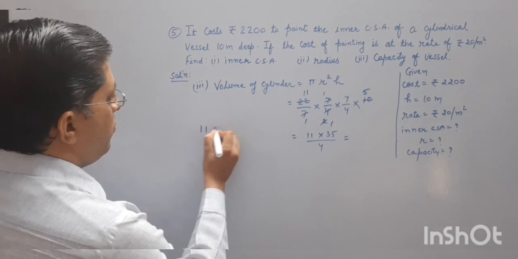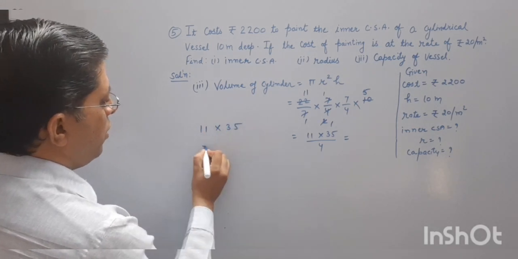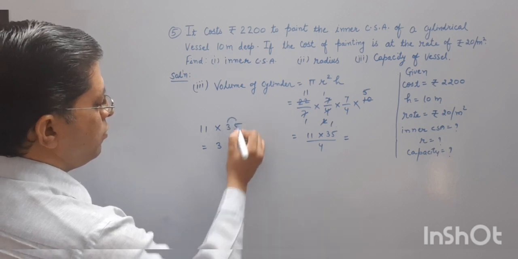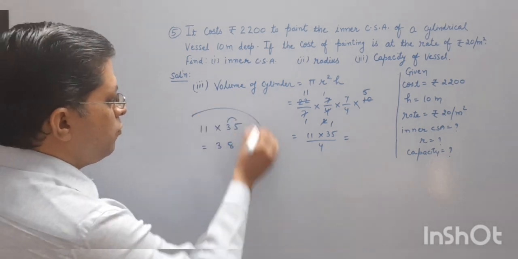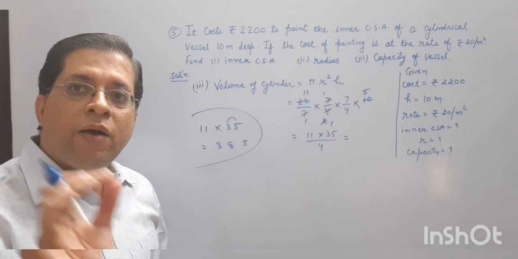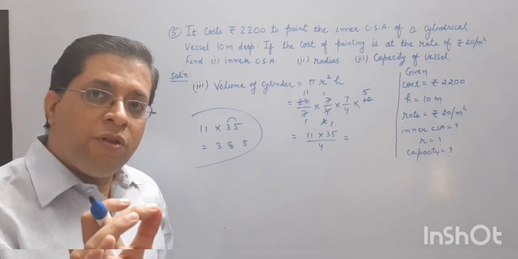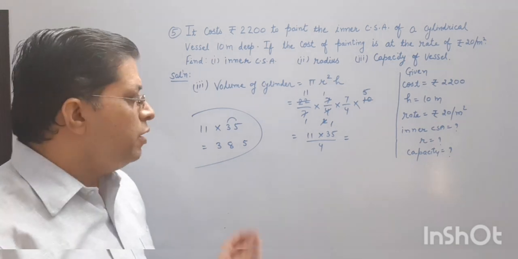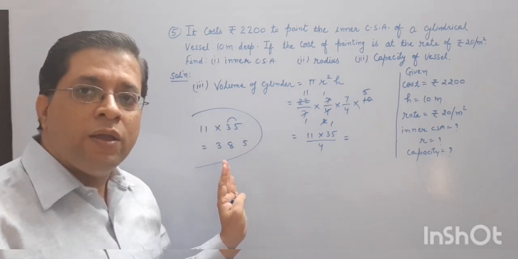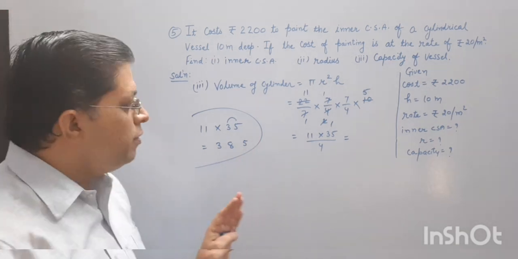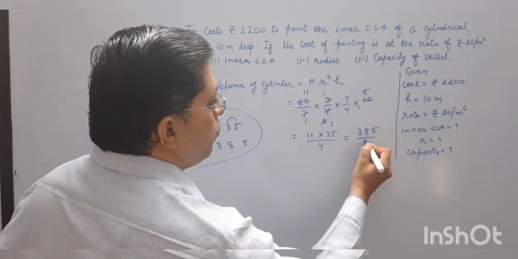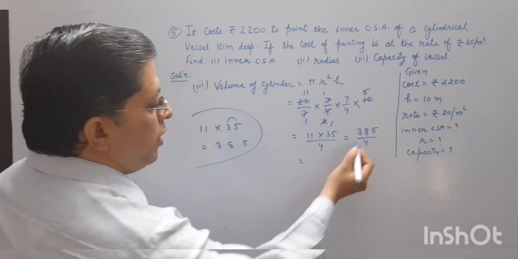Write 3 as it is, 5 as it is, and in between 3 plus 5 is 8. Each and every question I am multiplying using the Vedic method, and you also use it. You can write it on one side and try again and again. This is 385 upon 4.